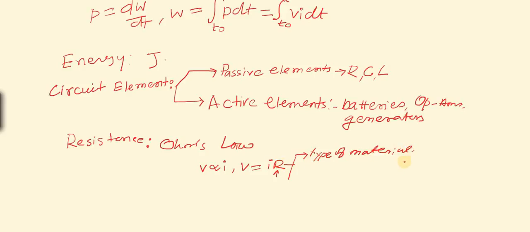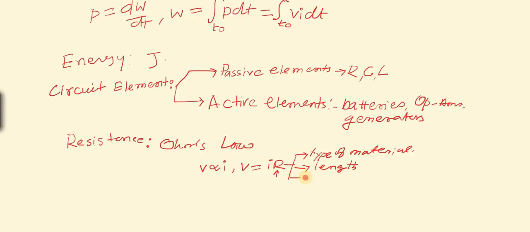Resistance depends on the type of the material. That means different materials have different resistance values. Then length of the material. Resistance value also depends upon the length.